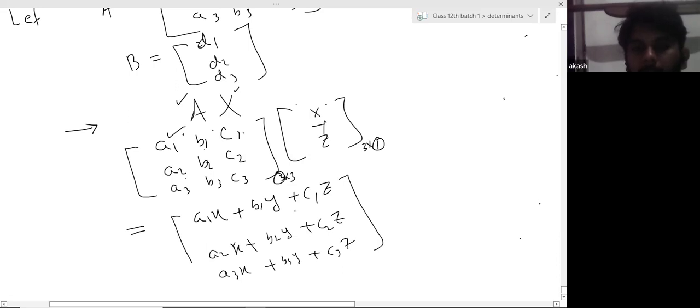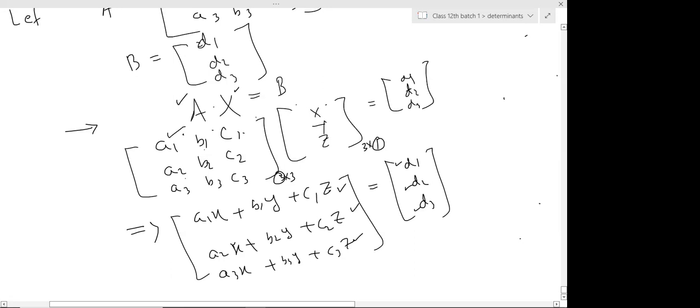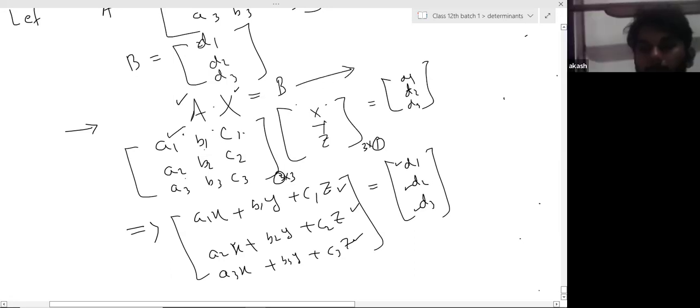And we know that we can write this equal to B1, B2, and B3. Because if two matrices are equal, then each entry must be equal to the corresponding entry. So we can say that AX equals B. Yes, sir.